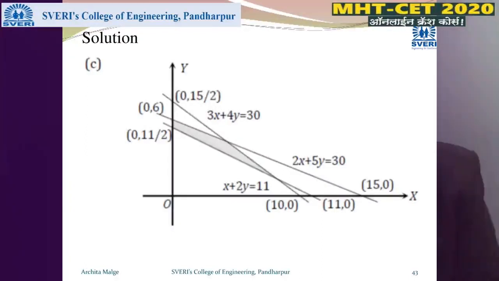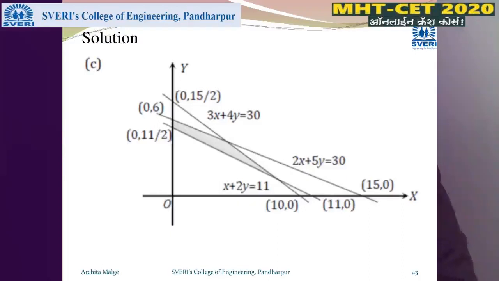If x is 0, y will be 30 by 4, that is 15 by 2. Then 2x plus 5y is equal to 30. By using this constraint, we get the coordinates of x and y. If x is 0, y will be 6, and if y is 0, x will be 15. Similarly, for the next equation, x plus 2y is equal to 11, if x is 0, y will be 11 by 2, and if y is 0, x will be 11.